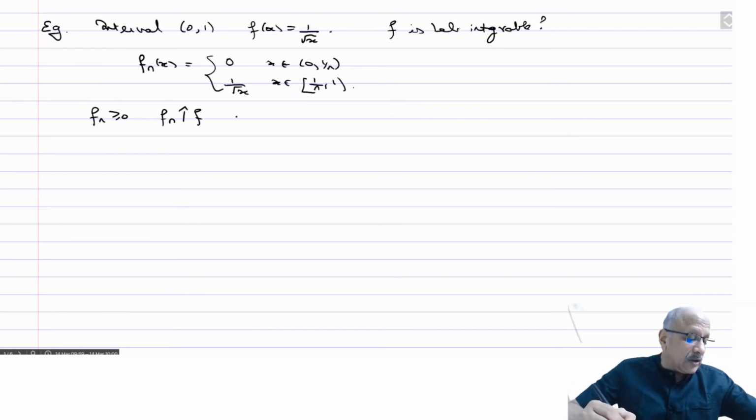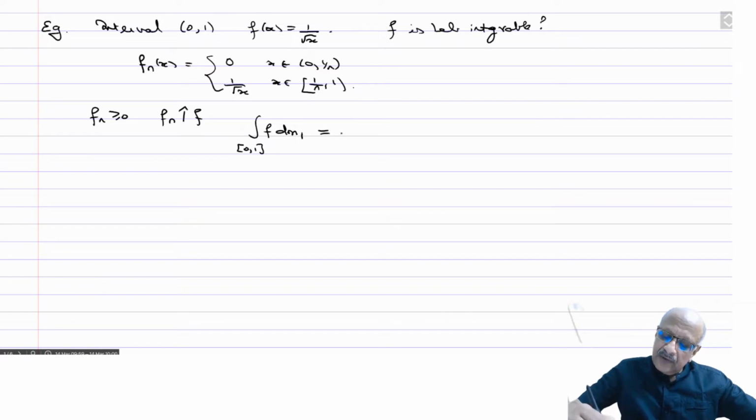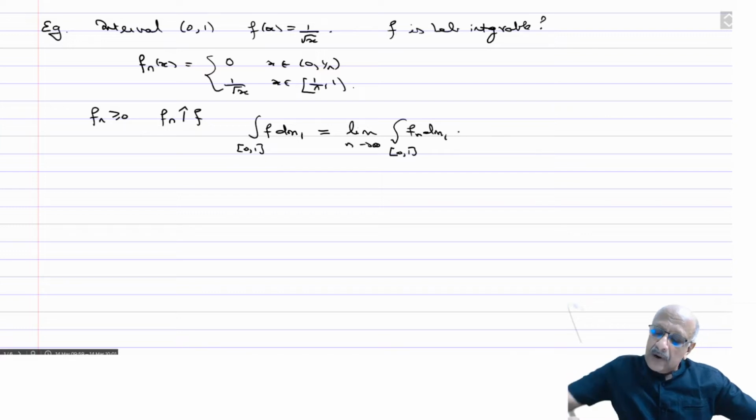Therefore, by the monotone convergence theorem, the integral of f dm1 over the interval 0, 1 is nothing but the limit as n tends to infinity of the integral over 0, 1 of f_n dm1. But f_n is 0 on (0, 1/n), so this is the limit as n tends to infinity of the integral over 1/n to 1 of f_n dm1.